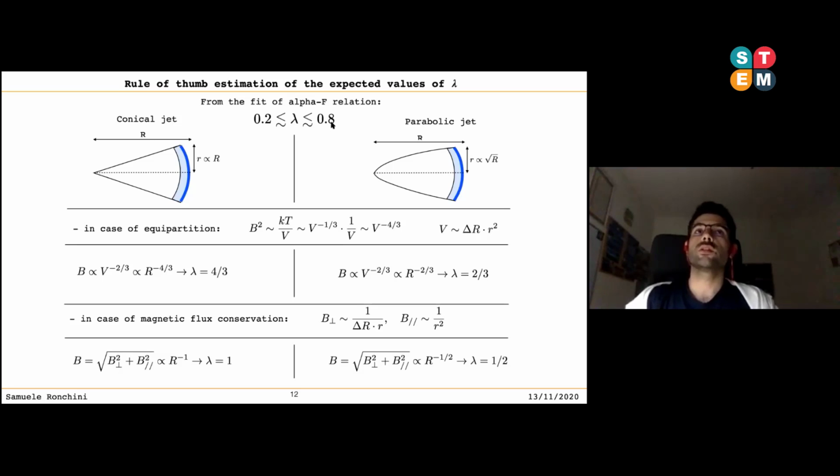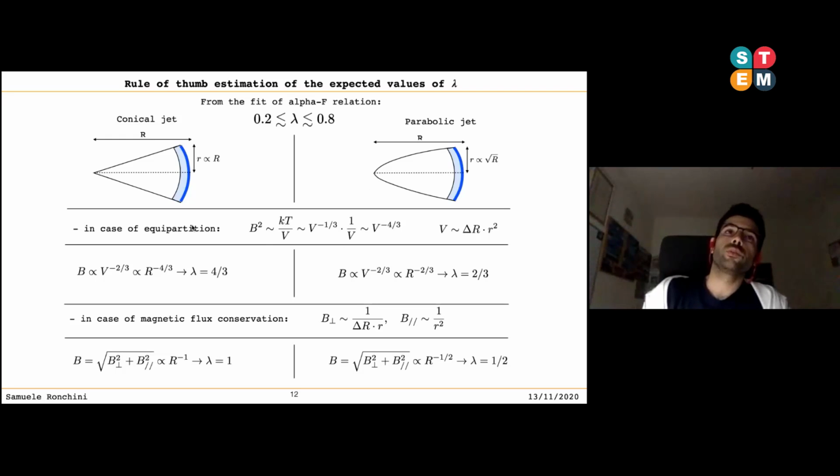And we tried to see what is the expected value of lambda for two different geometrical configurations of the jet. One is the conical jet, meaning that the transverse dimension of the jet, small r, is proportional to the distance from the center of the jet. In the parabolic jet, instead, this transverse dimension grows more slowly, as the square root of capital R.